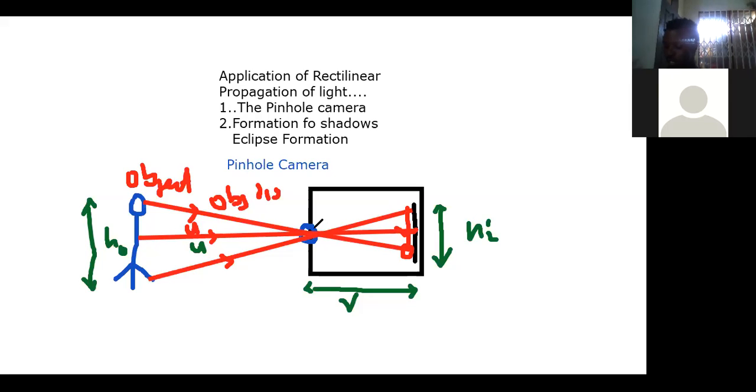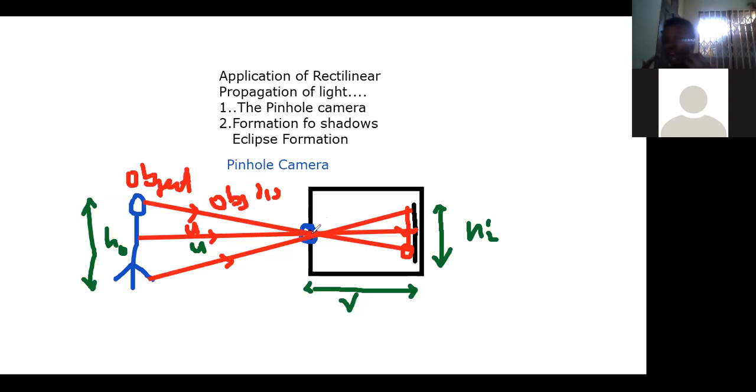As a result, different images will be formed on the screen. Because it acts like a combination of 2 or 3 holes, light will be able to pass through any of the holes, and as a result, a series of images will be formed on the screen, and that will make it very bright because it is large, but then it will make it blurred because a lot of images are formed on it. So to be able to get a sharp image, it is normally advisable that the pinhole is very small.